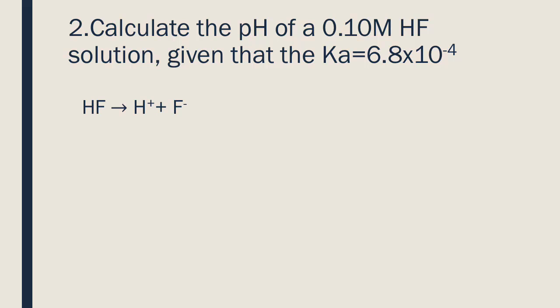To get the concentration of H+, we will have to use the Ka to solve for x in this ICE table. To solve for x, we'll use the equation Ka equals the concentration of products over the concentration of reactants. So with the numbers plugged in, it'll look like 6.8 times 10 to the negative 4 equals x squared over 0.10 minus x.